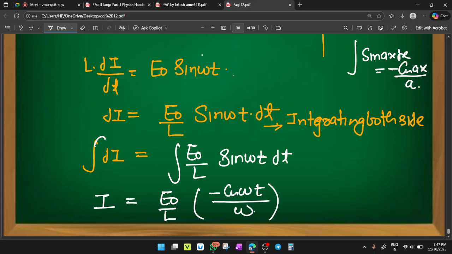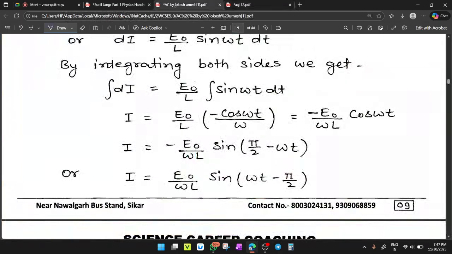Fine. So this equals minus E naught cos omega t divided by omega L. Can you write like this? So here you have minus E naught upon omega L cos omega t. Clear?